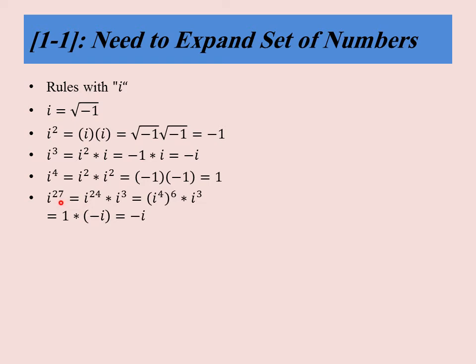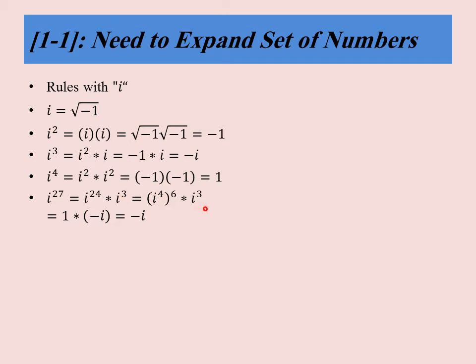So now if we go to powers which are greater than 1, 2, 3, 4, I need to understand that any number such as 27 will be separated into two numbers. One of them is a multiple of 4. Why is it a multiple of 4? Because i to the power 4 gives 1. So a multiple of 4 can be written as 4 multiplied by a number, just like 24 is 4 times 6.